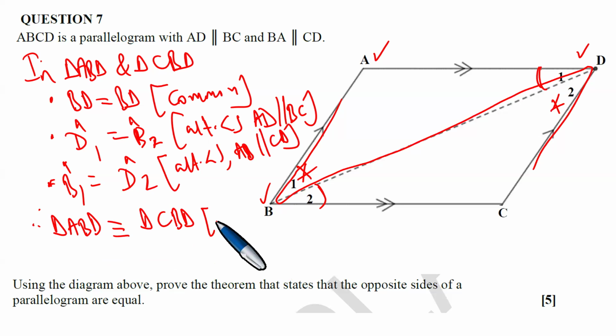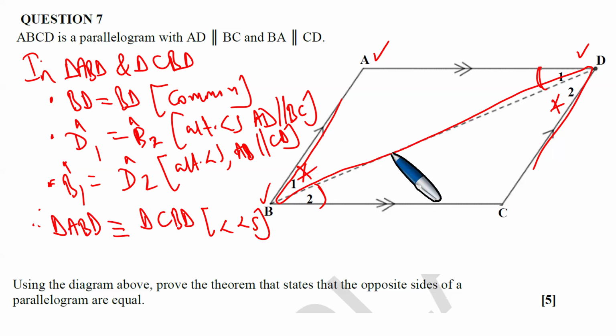And we have angle, side, angle. So we've proven that triangle ABD is congruent to triangle CBD.